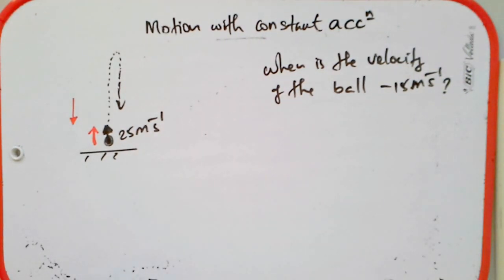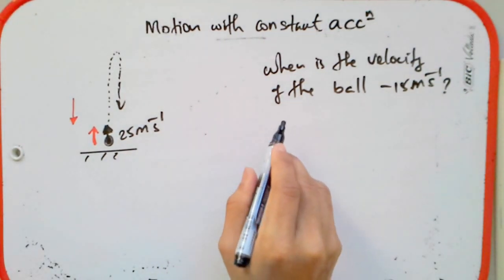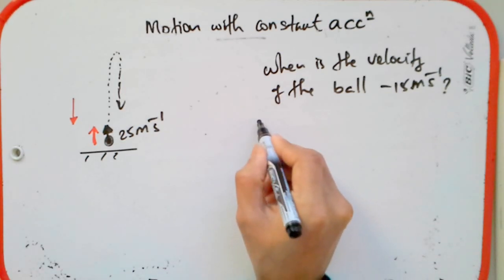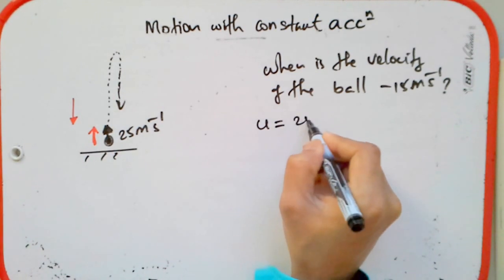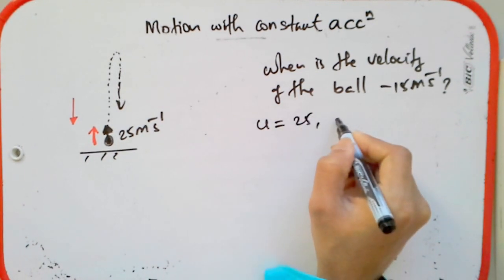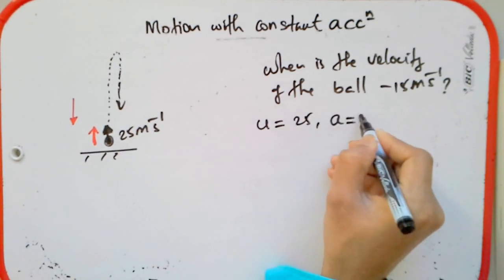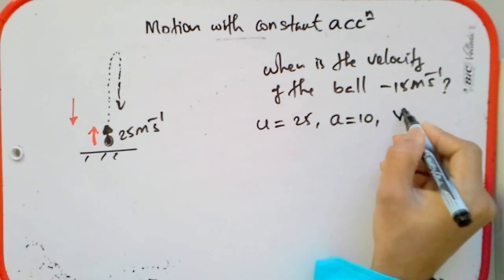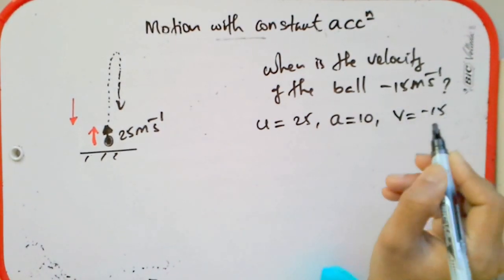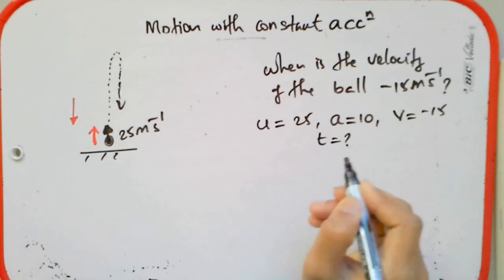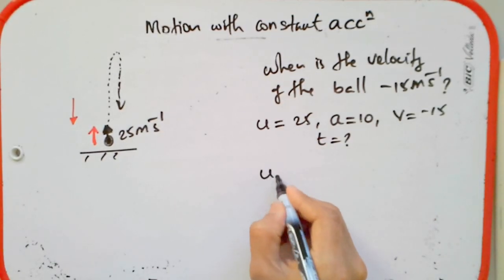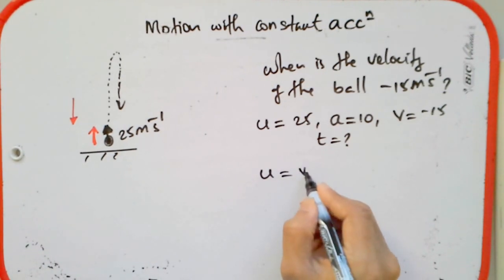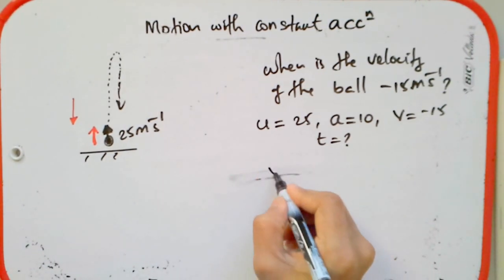So how do you do this? This time again u is given as 25, acceleration is 10, v should be this time minus 15. You need to find the time taken for this. Again, I'll use the same equation, v equal to u plus at.